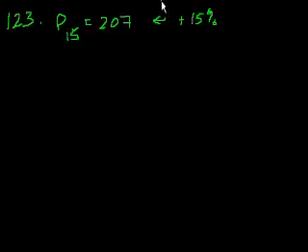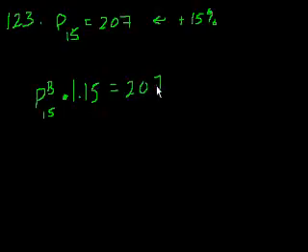Okay, so essentially we want to figure out, so this is the price after gratuity, so I'll call this price before gratuity. I don't want to get too complicated with my notation. Price before gratuity times 1.15, right, because we're going to increase it by 15%, is equal to $207.